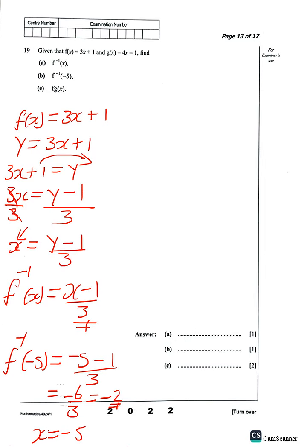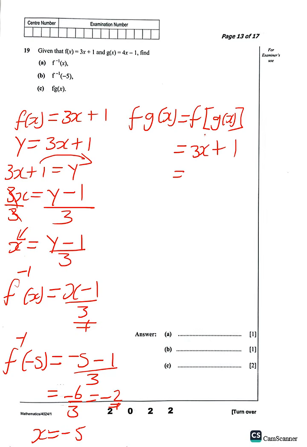Then part C, we need to find a composite. We need to combine the two functions. So f of g of x is equal to f, open brackets, so the inside function is g of x. The original function f is 3x plus 1.